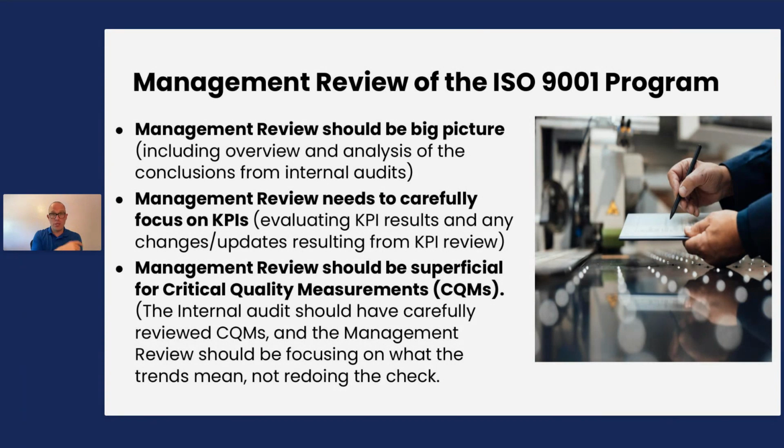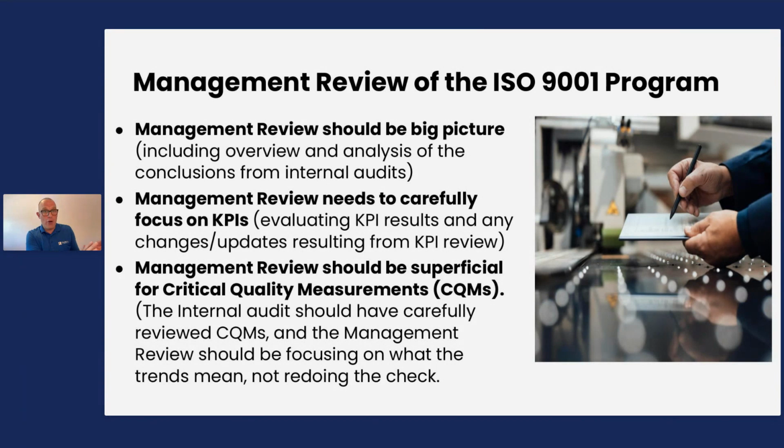As I mentioned in the last slide, every internal audit must be presented to senior or top management for the management review. So when we're doing top management review, included in that is whatever internal audits have already been done. As we just mentioned, that includes a very careful understanding of critical quality metrics from the front line, all those laboratory analyses.